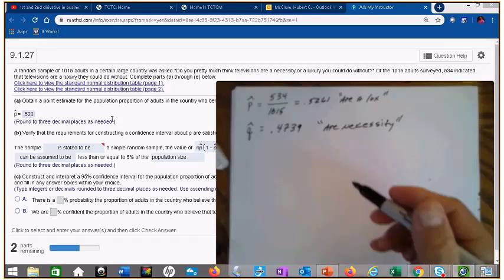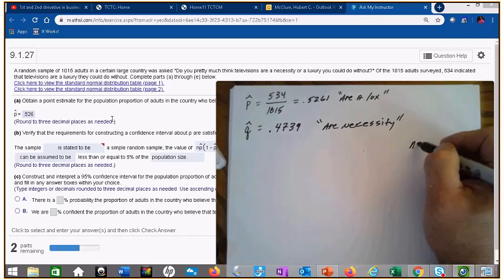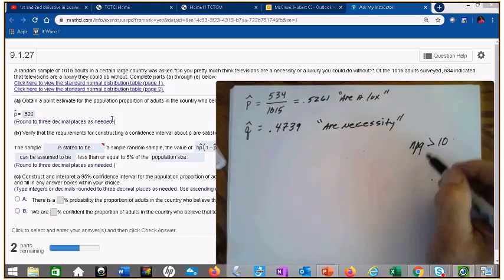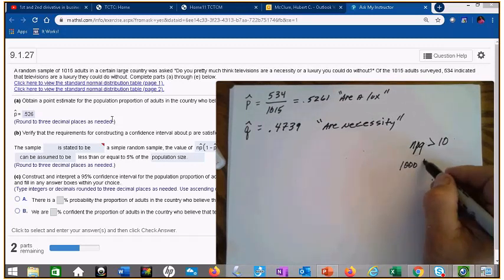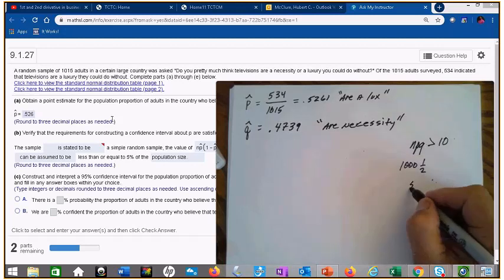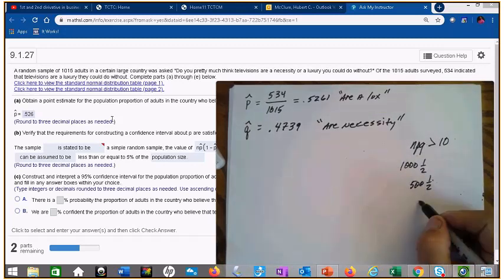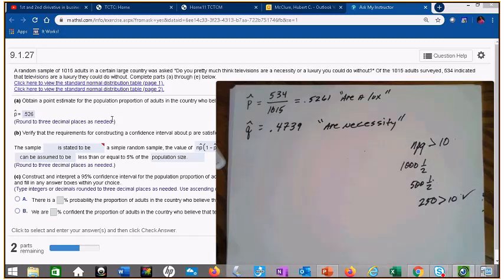Remember, npq has to be greater than 10. Well, what's half of 1,000? 500. And what's half of 500? 250.